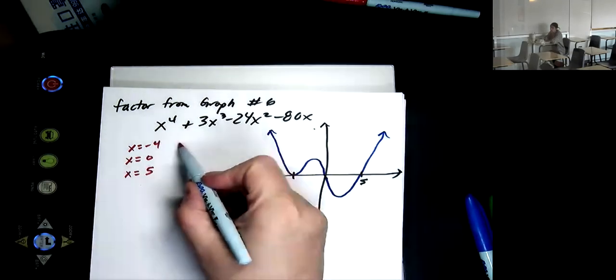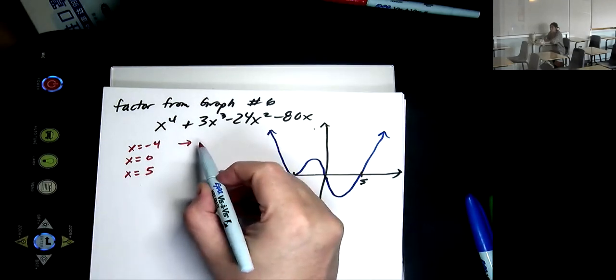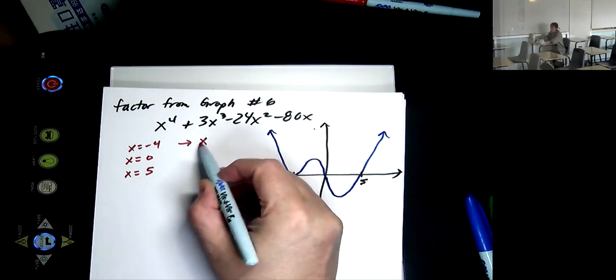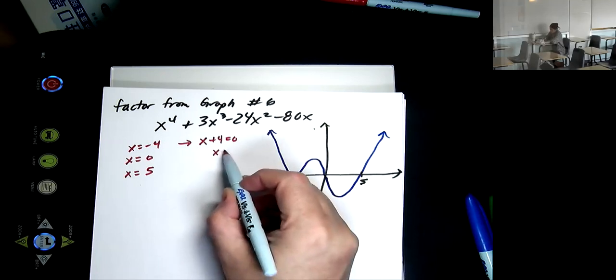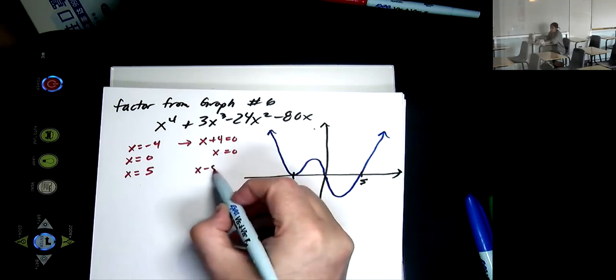So if I solve the right side for 0 by subtracting the coefficient to the other side, I have x plus 4 equals 0, x equals 0, and x minus 5 equals 0.